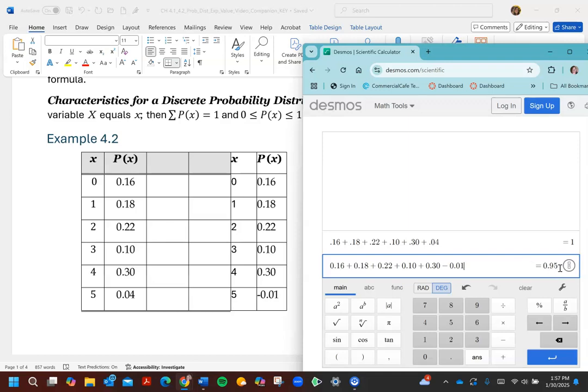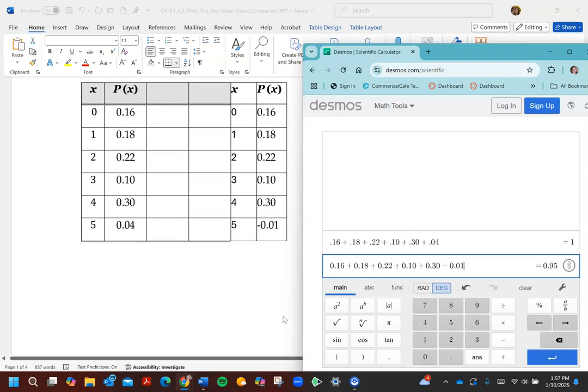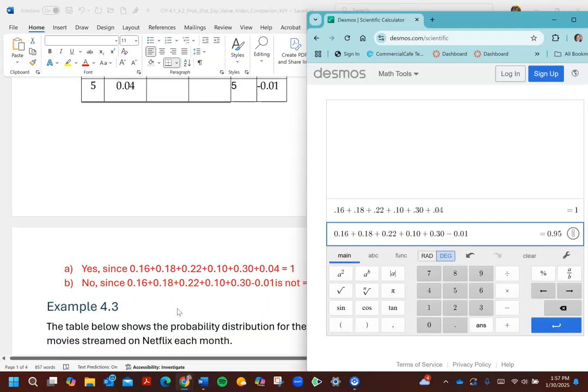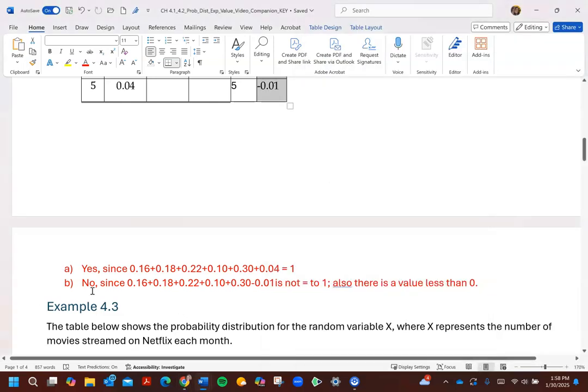They only add up to 0.95, not 1, so that's one flag against it. And also I have a value less than 0, so that is not a probability distribution. I just copied and pasted the column in and then added my operations, plus or minus. Okay, so the answer for that is yes for A and no for B.